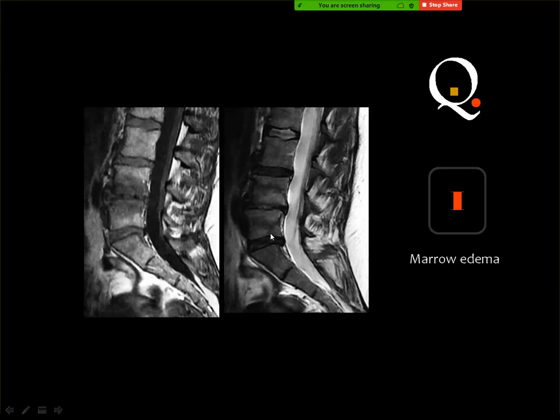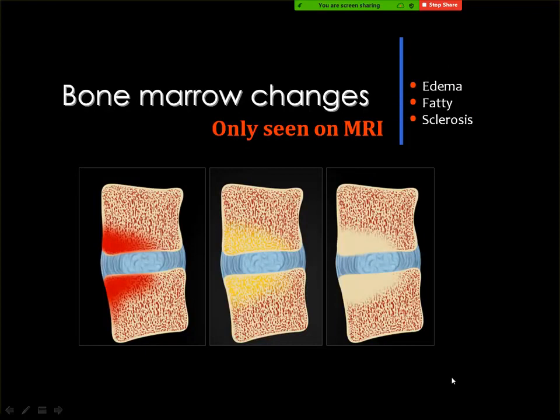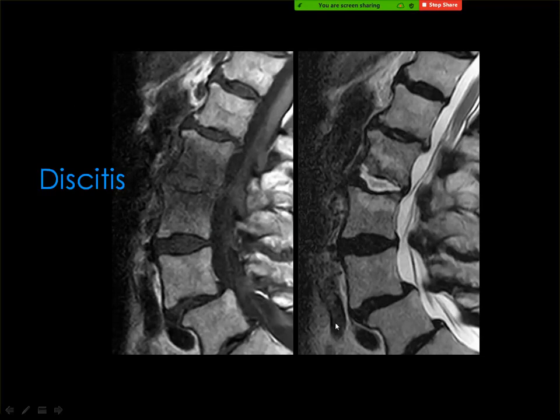But if the signal is very faint like this and the end plate is intact, then you should think of type 1 degenerative bone marrow edema. We have three types of degenerative bone marrow changes: type 1 is edema, type 2 is fat, type 3 is bone sclerosis.